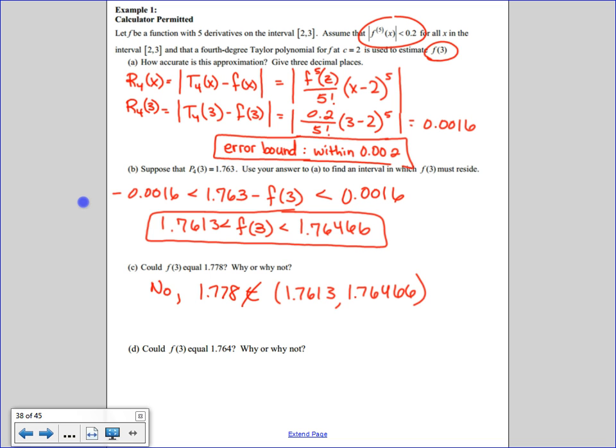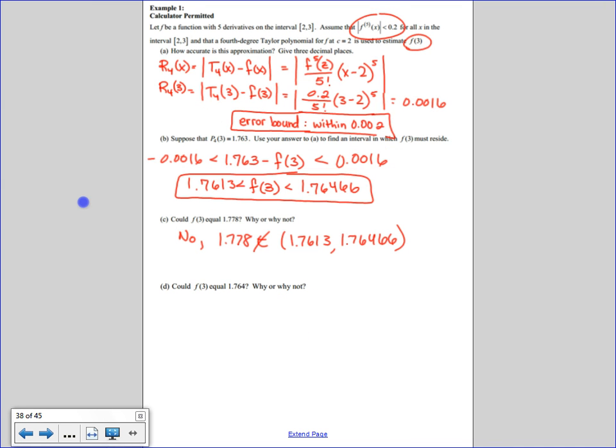Could f of 3 equal 1.764? Yeah, of course, right? So it's just kind of making you think through what it actually means as to what our values could be and how close our approximation is.